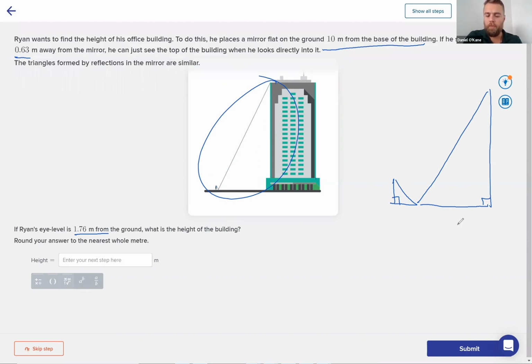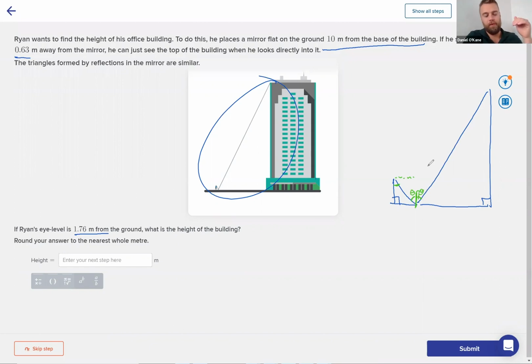This is optional, but it's because this mirror that he's looking into, you've got this angle here at which he's looking into the mirror, and the angles of reflection are actually the same, okay?